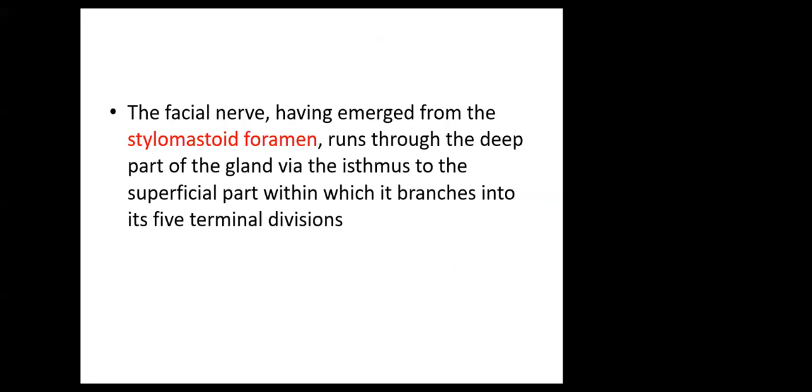The facial nerve, having emerged from the stylomastoid foramen, runs through the deep part of the gland via the isthmus to the superficial part, within which it branches into 5 terminal divisions.